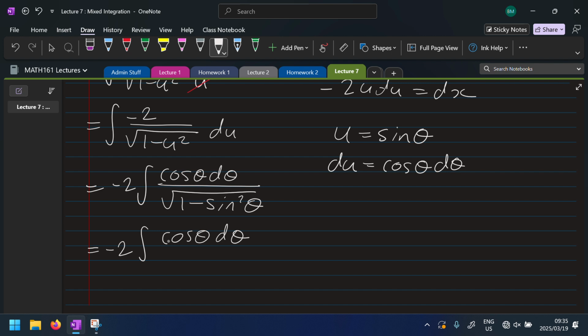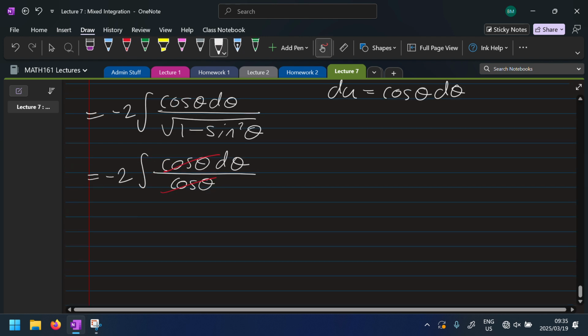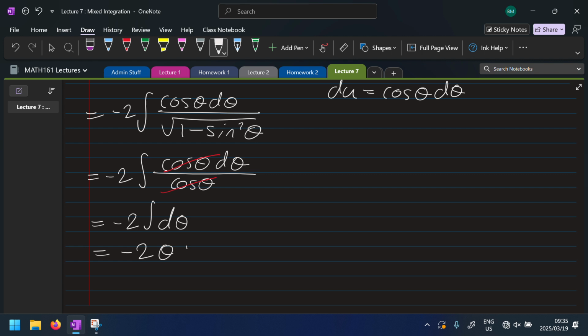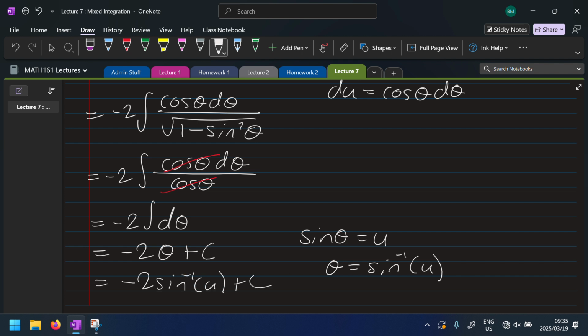Root of cos squared, that's cos. Okay, they cancel. So we're left with minus 2 integral d theta. That's just minus 2 theta plus c. We know sine theta is u, so theta is sine inverse of u. So this is minus 2 sine inverse of u.